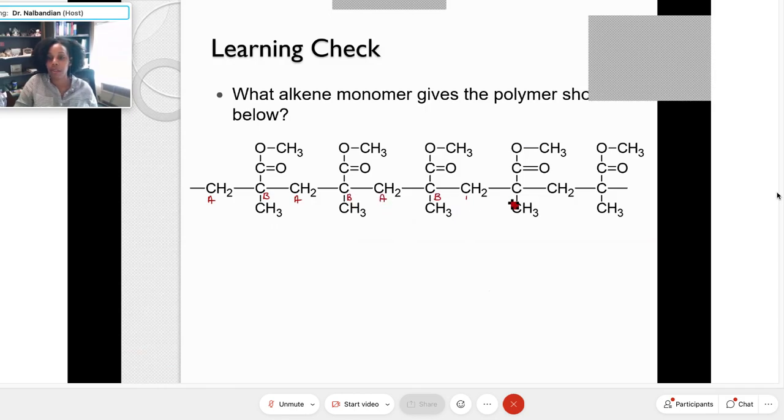A is a CH2. B has these two groups on it. So that repeating unit is going to show up in our alkene monomer. Now, I might not always tell you it's an alkene, but it is always an alkene that is the monomer used to make polymer. Alkene monomers make polymers. Polymers are long chain alkanes.